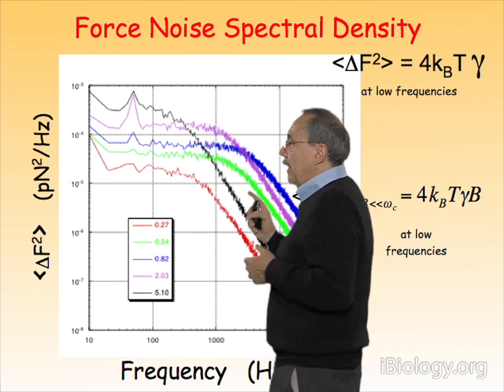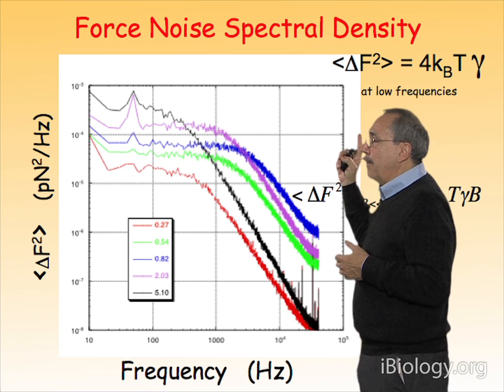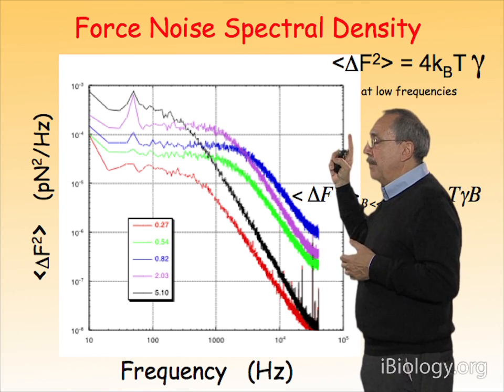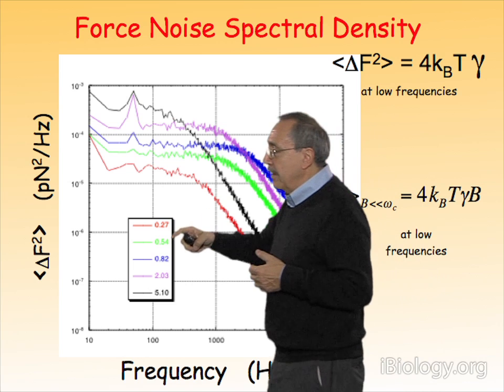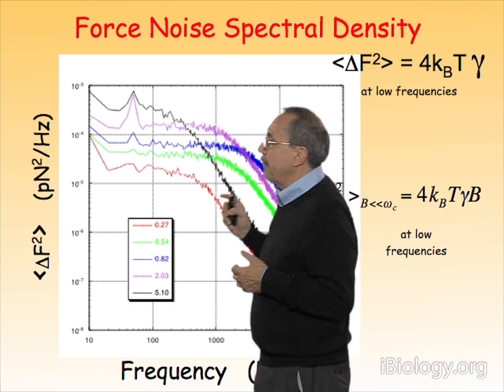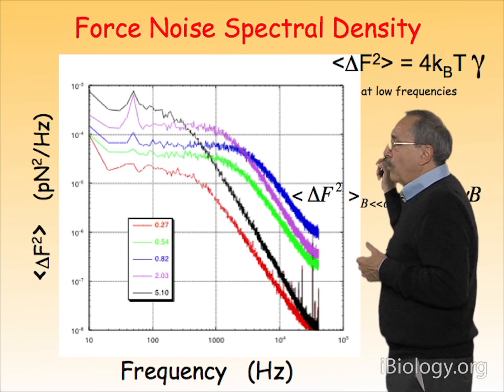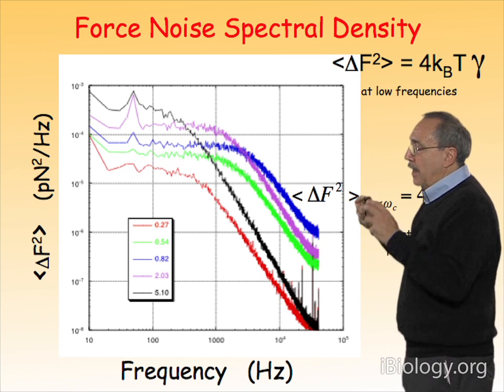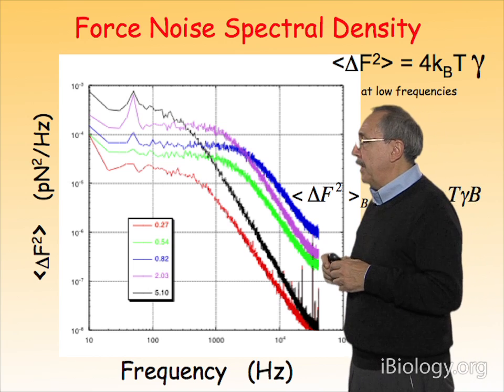Here is the mean quadratic fluctuation in force experienced by the bead when the frequency is zero, given by 4 kBT gamma, gamma being the friction coefficient of the bead.